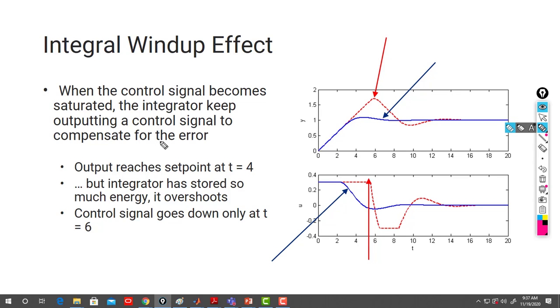So the integrator keeps adding up and outputting control signal, till it goes to 1500, 2000 RPM, because the controller cannot see the saturation and doesn't know that the actuator is saturated. All it takes as input is the error, and the error says there is a very high error. But your actuator cannot react more than 1000 RPM.